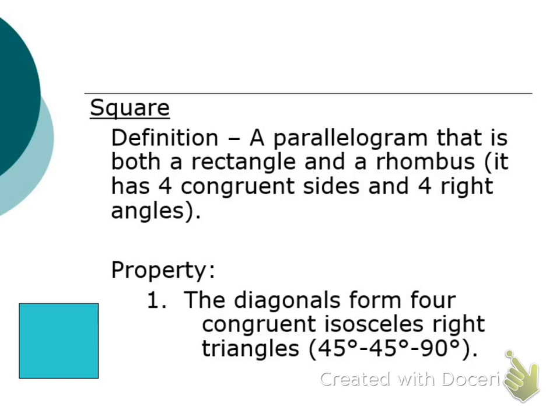Its special property is that the diagonals form 4 congruent isosceles right triangles, also known as 45, 45, 90s. Anybody remember those? Yes, I remember those. Oh, great, David.